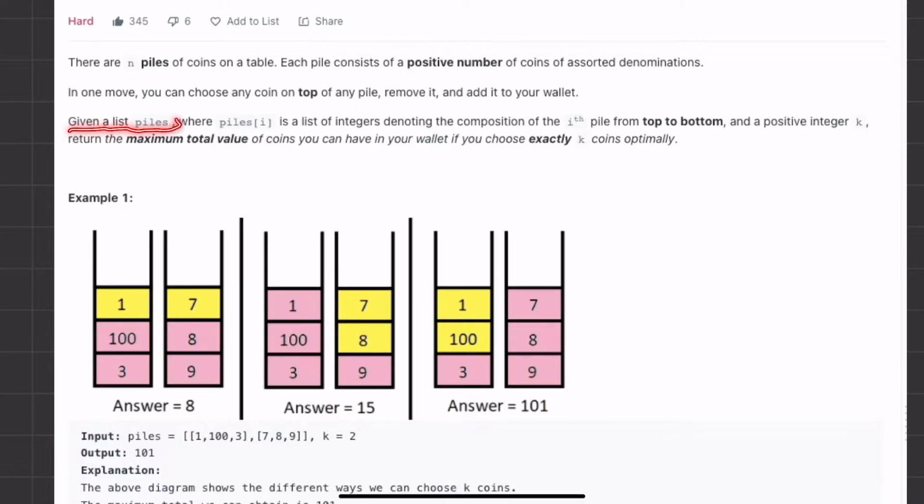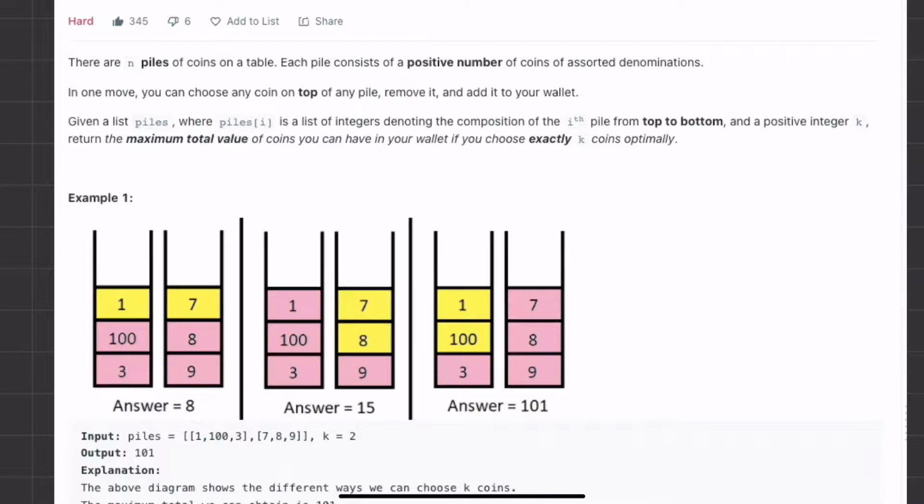Given a list piles, where piles I is a list of integers denoting the composition of the ith pile from top to bottom, meaning index 0 until the last index, and a positive integer k, return the maximum total value, so maximizing, of coins you can have in your wallet if you choose exactly k coins optimally.